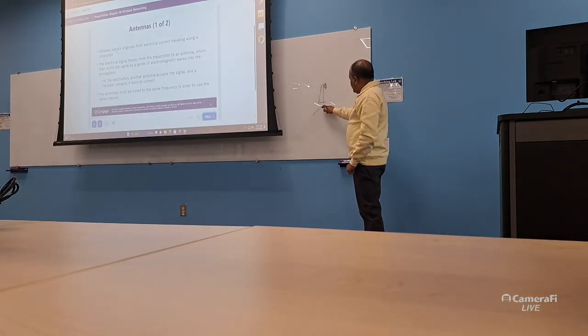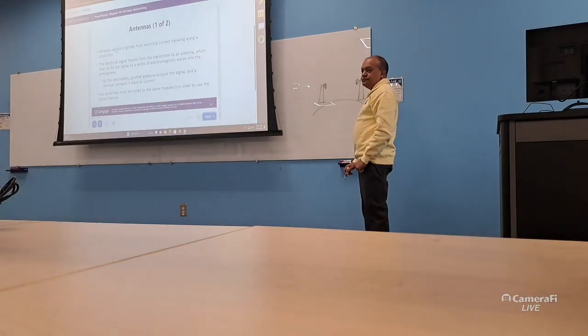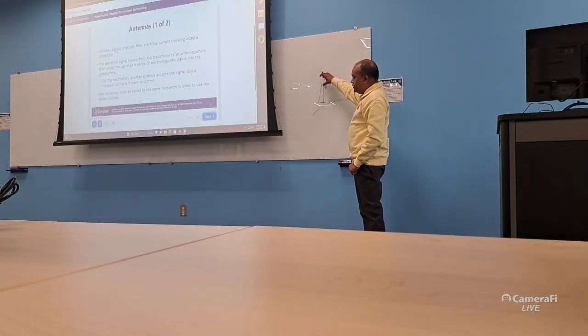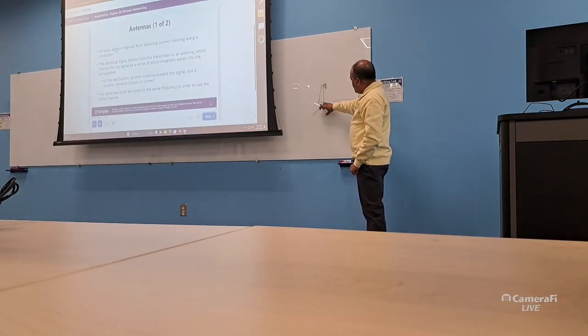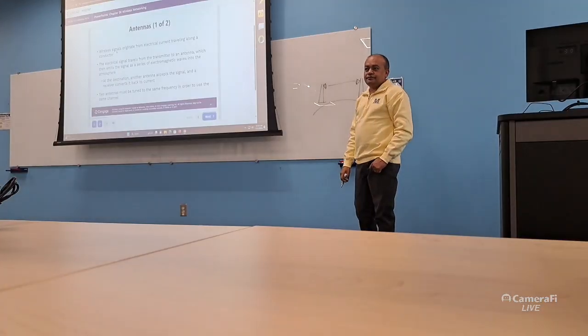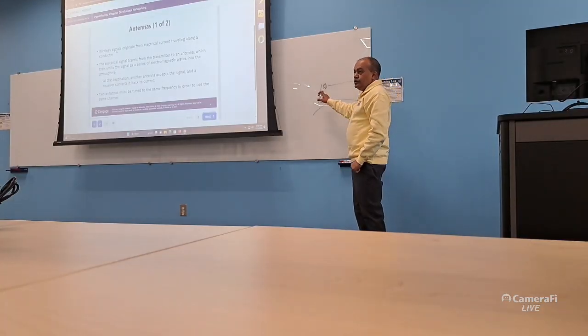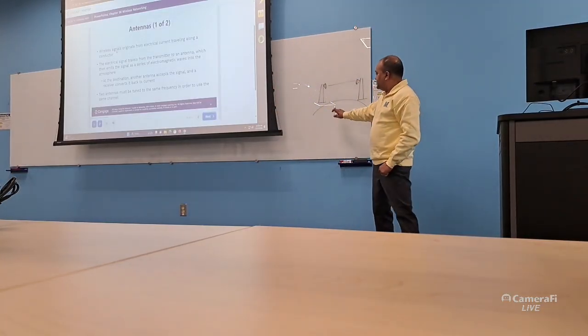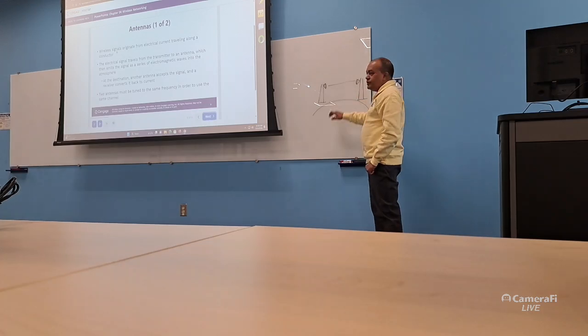Because you know that Earth's surface is curved like this. So you have to erect a tower so that you can come up with a line of sight connection between the two towers. You also have a lot of interference in between, trees, houses, and other things. So you have to cross all those interferences as well, so that you can have a line of sight.